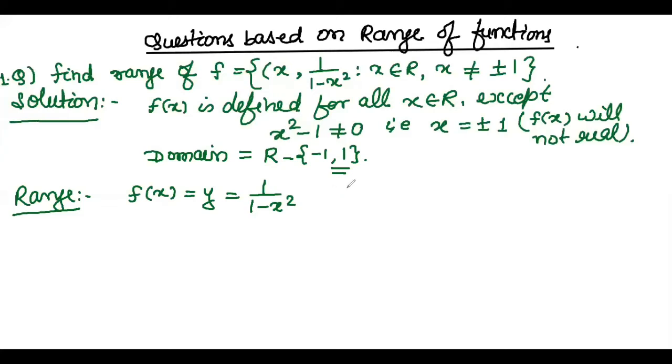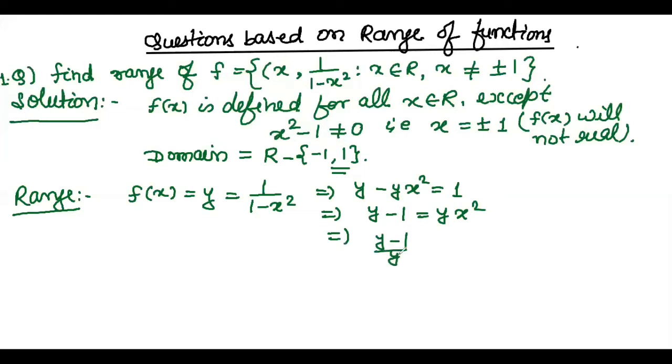So I'm going to convert here. Multiplying, y(1 - x²) = 1, so y - yx² = 1. Now y - 1 = yx². So here I'm getting (y - 1)/y = x². Now x² = (y - 1)/y, so I'm getting x = √((y - 1)/y).